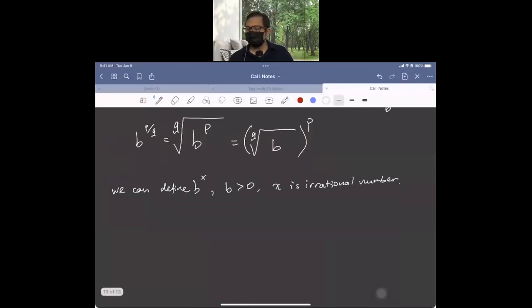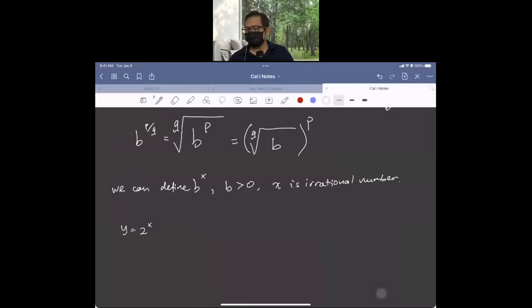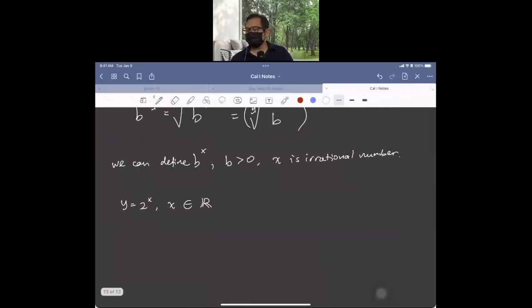So by the end of the day, when we have a function, let's say b to the power of x, and x is an element of the real numbers, then we can draw the plot. Let me just draw for you here.